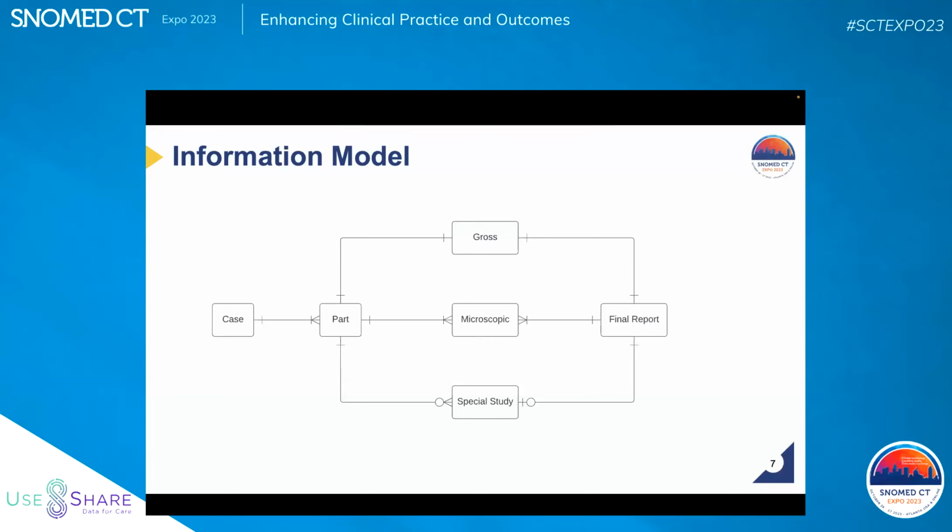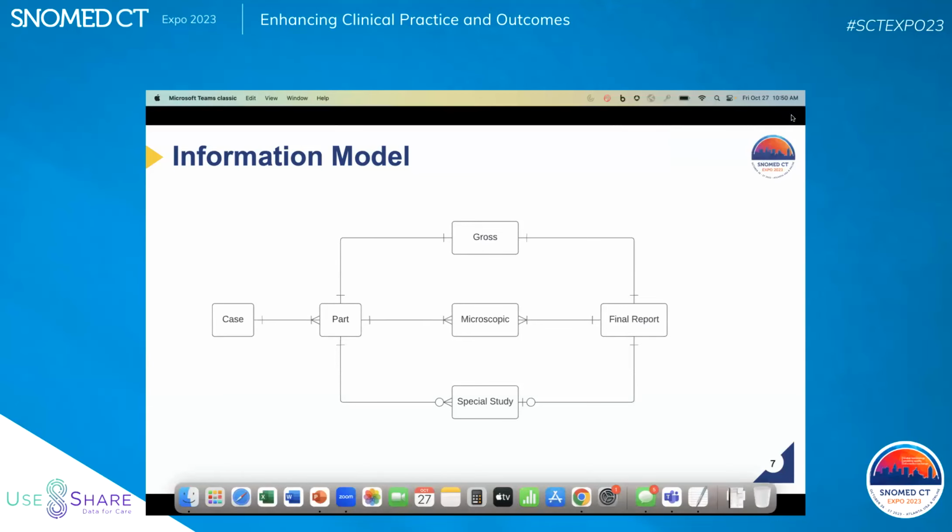How big it is, what it looks like, what it weighs. Each part will have multiple slides, so it'll have lots of microscopic data. Parts may have special studies associated with them, or many studies. Collectively, they all come to a single final report.